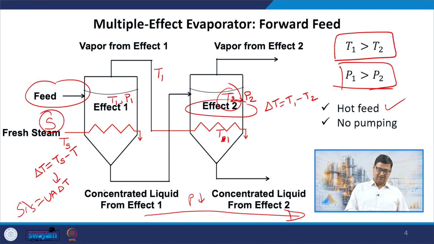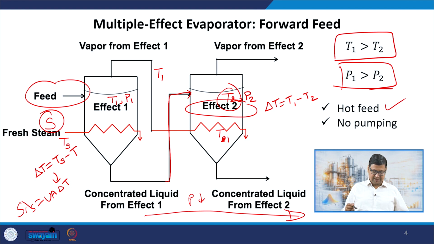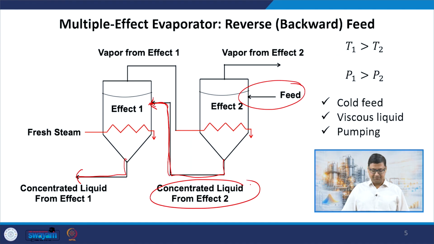Here, the liquid from the effect 1 was entering effect 2, and now in the reverse feed, the liquid from the effect 2 is entering the effect 1, and the final product now comes from the effect 1. In the previous case, the final product was coming from the effect 2, right?